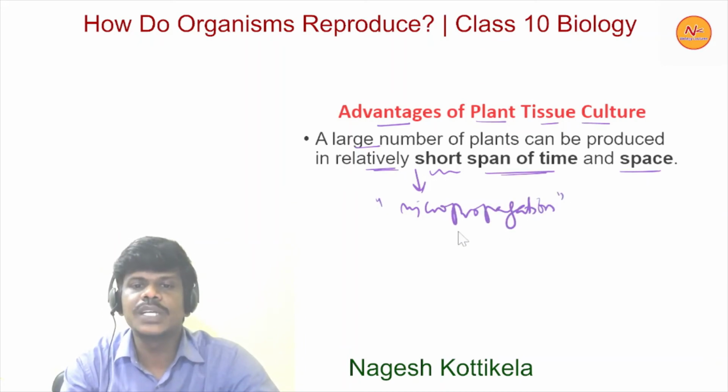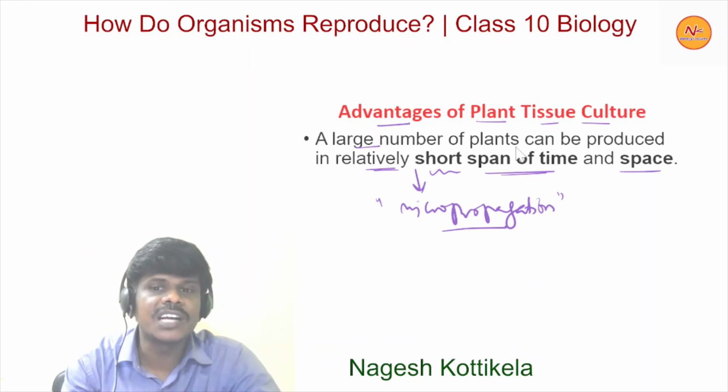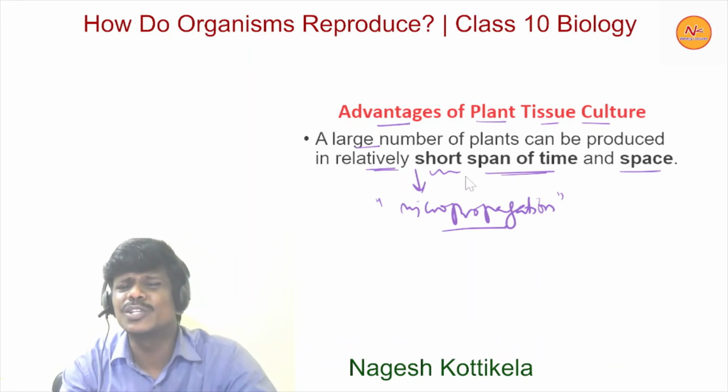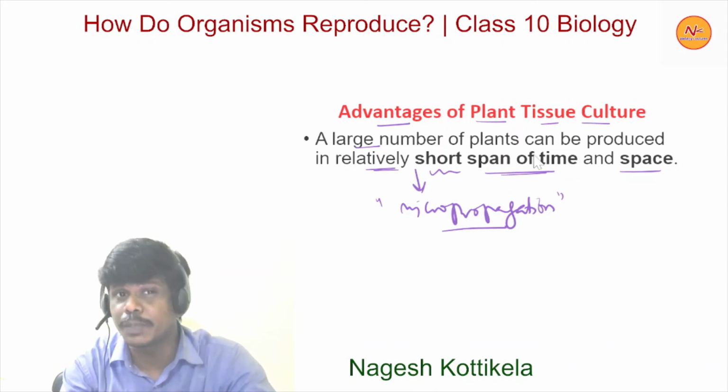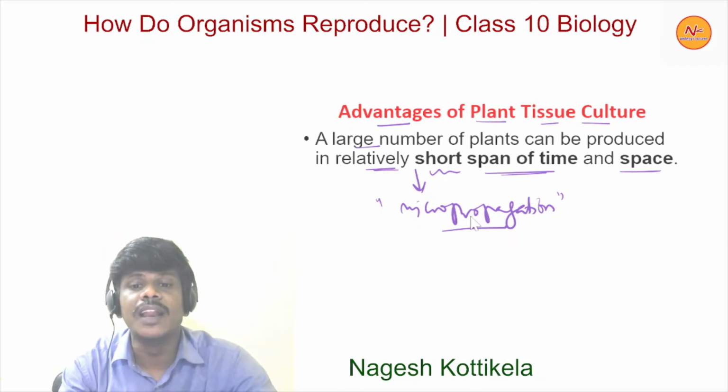I repeat this once again, thousands of plants can be produced in relatively short span of time and small space by using tissue culture. And this is what we call micropropagation.